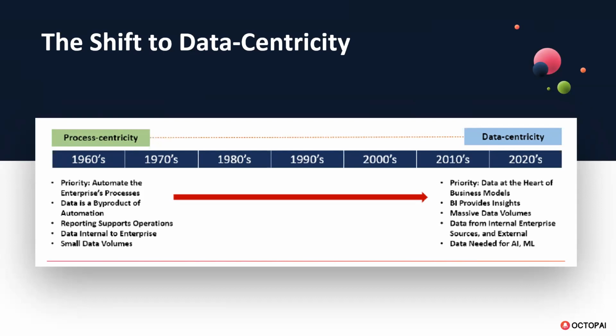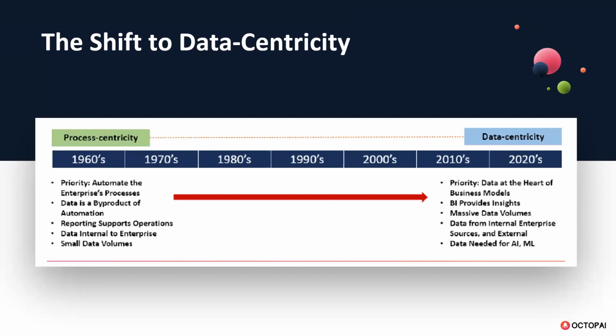So the banks couldn't scale, and these kinds of clerical operations were very expensive. And that's when computers came in and provided a tremendous amount of efficiency. It allowed scale, it allowed speed to increase, but the focus was on automating processes.